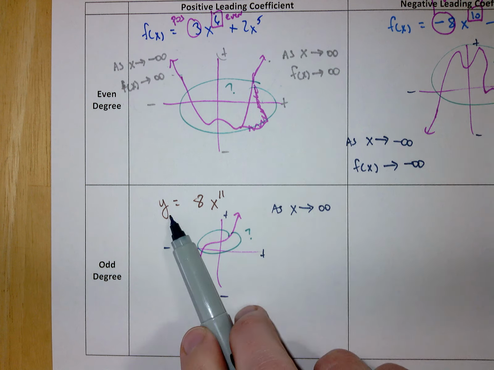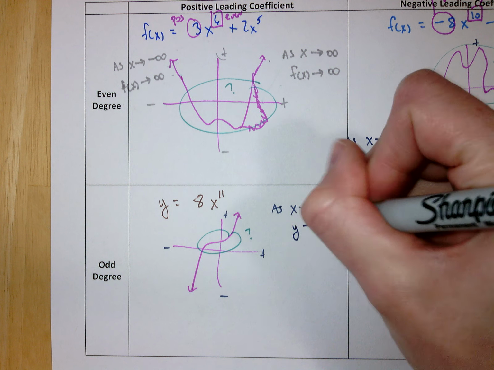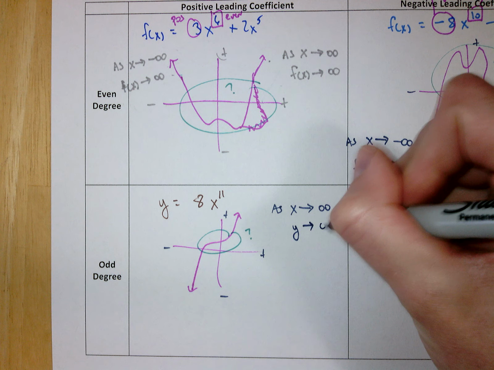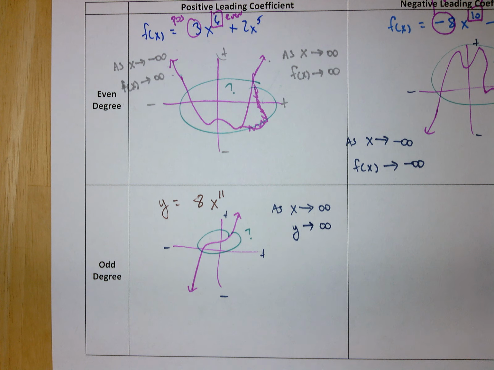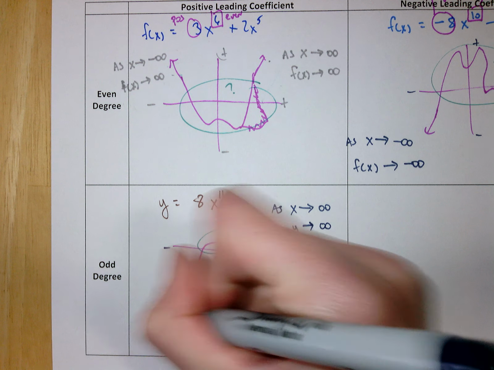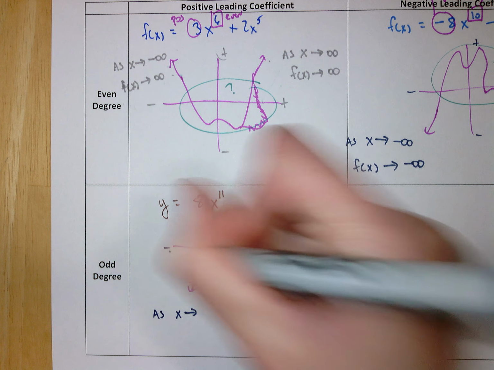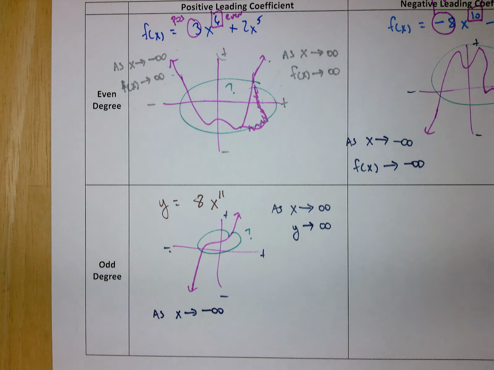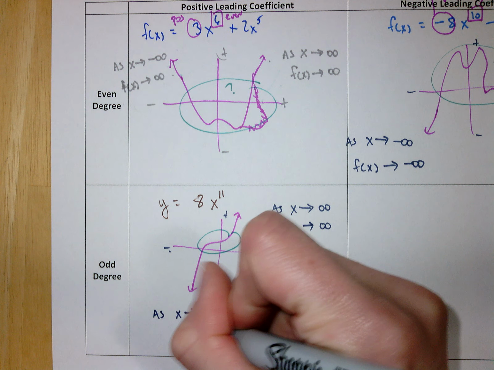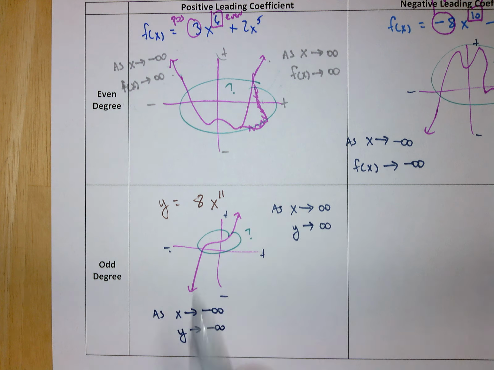Now it's a y function, so y is approaching positive infinity. On this side, as x is approaching negative infinity, y is approaching negative infinity. I'm going towards a negative for both of them.